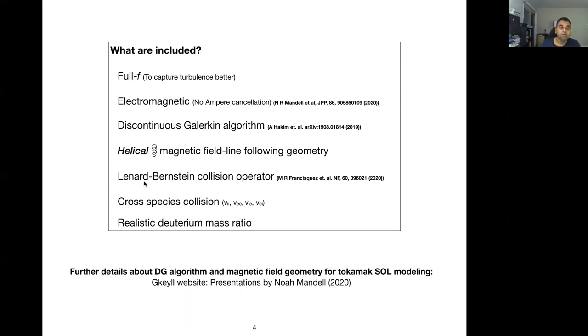We are using the Dougherty collision operator with intra- as well as interspecies collisions. So we have ions and electrons, both species, and they collide. More details about the collision operator can be found in Manaure Francisquez's paper in Nuclear Fusion 2020. And we are using a realistic deuterium mass ratio.